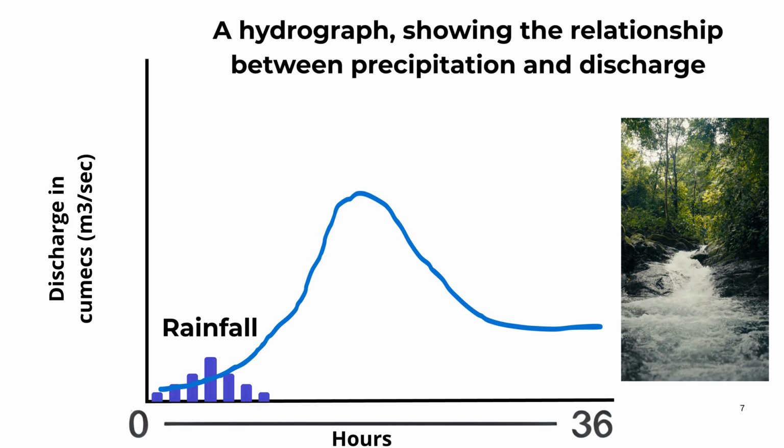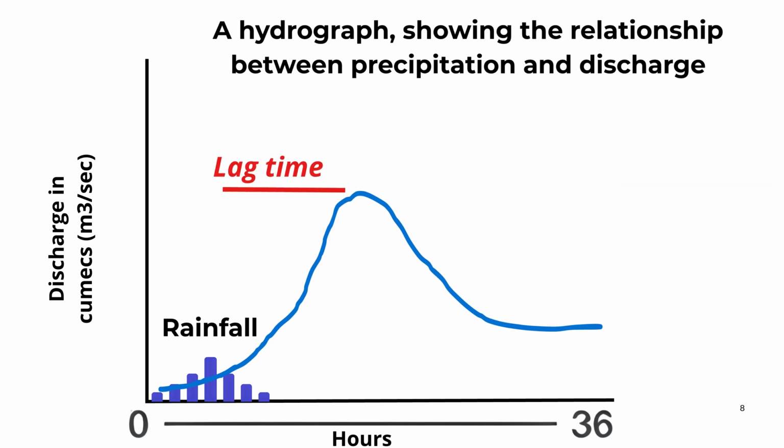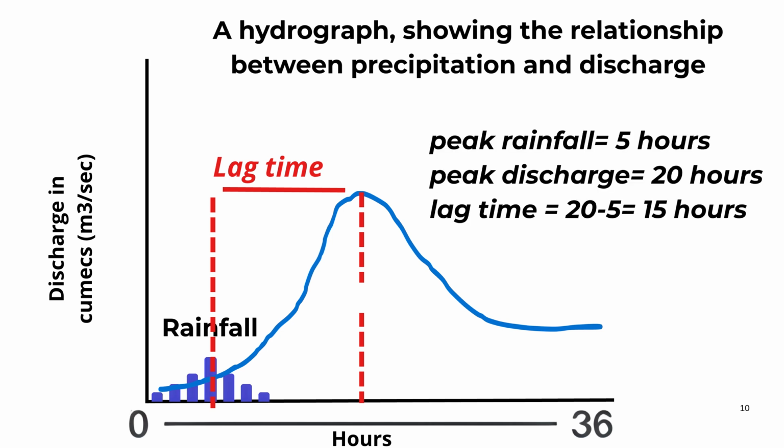Another key element of the hydrograph is the lag time, and this is the difference in time between the peak discharge, when discharge is at its highest, and peak rainfall. If we imagine that peak rainfall happens at 5 hours into this event, and the peak discharge occurs 20 hours into this event, that gives us a lag time of 15 hours, 20 take away 5.